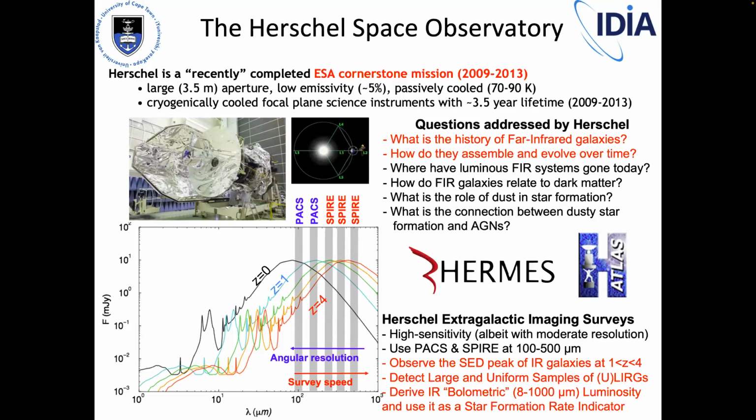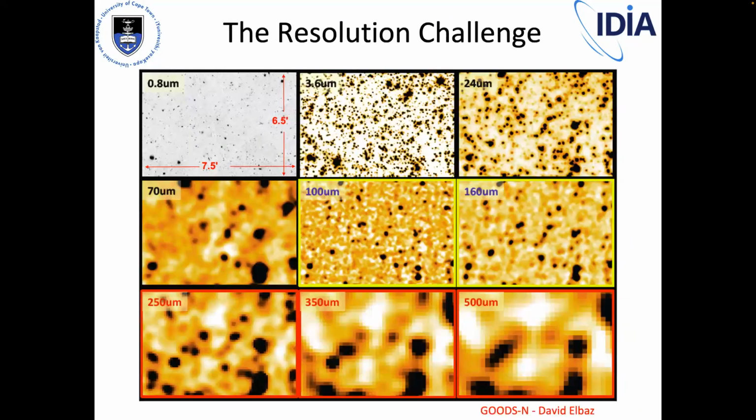Now, this is all very well, but the challenge that you face when you observe at large wavelengths is the poor angular resolution. Herschel was a single dish, only a 3.5-meter telescope.